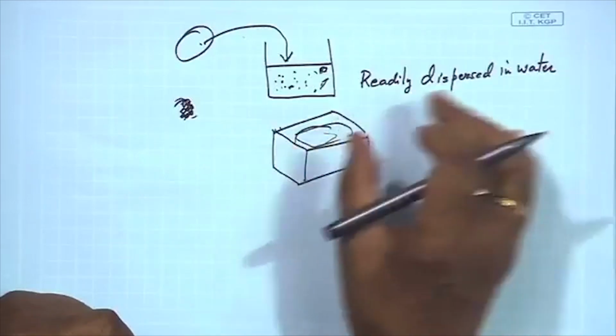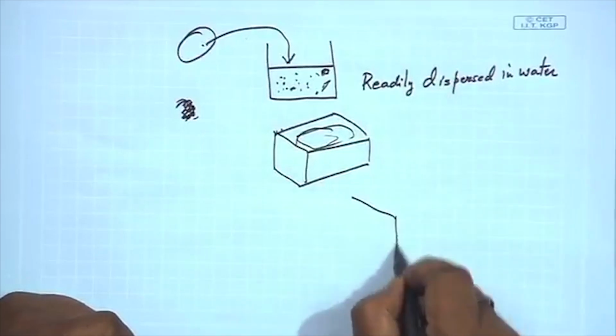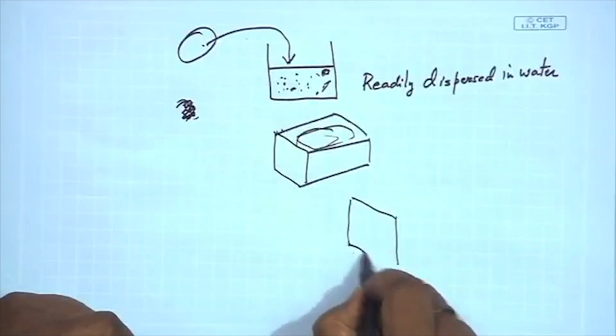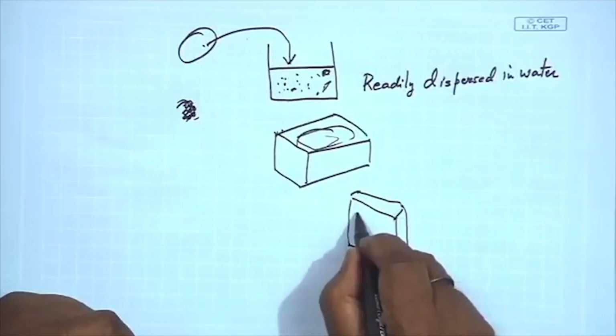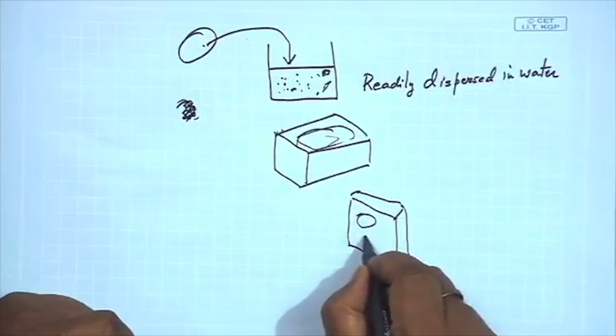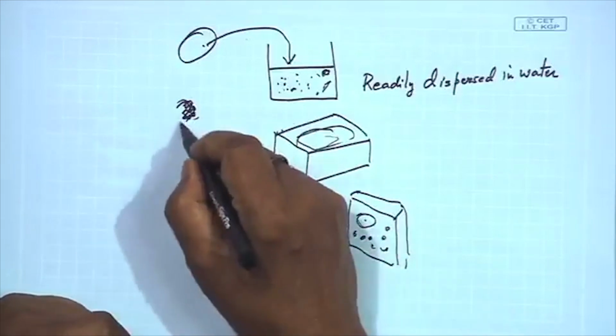Your dough will bulge and dry, and when you cut the bread and look at the surface of the slice, you will find some big holes and some small holes. Why are the big holes there?